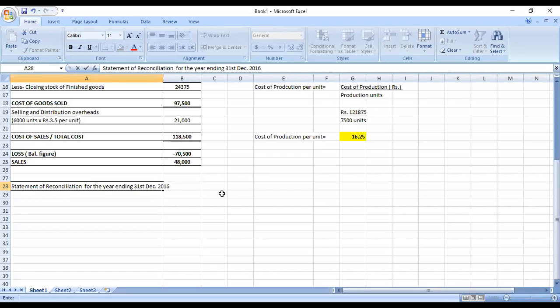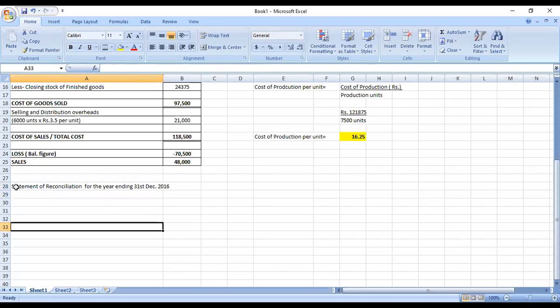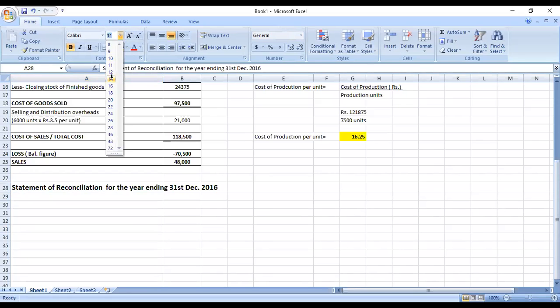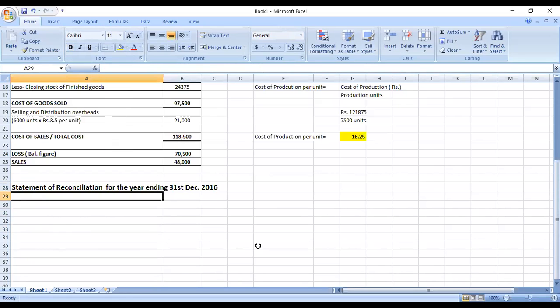Here are the particulars. Here is the amount, rupees.